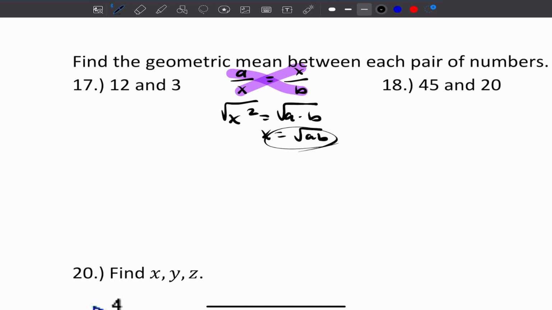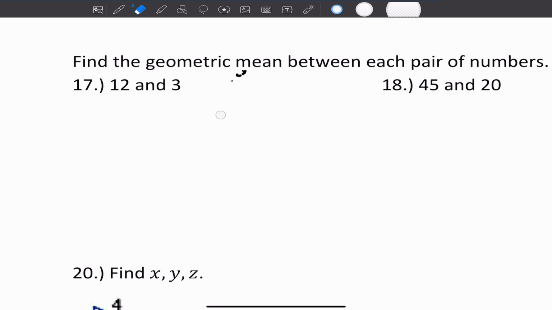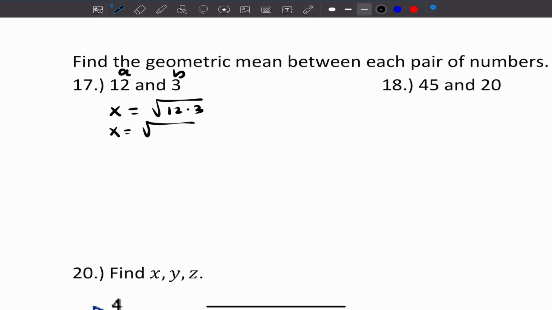Okay, and that's what we're going to jump right into using, instead of writing this all the time or plugging it into this all the time. So let's go ahead and do that. So this is a, this is b, so it's x equals 12 times 3. So I'm going to break down the 12. That's x equals 4 times 3 times 3.